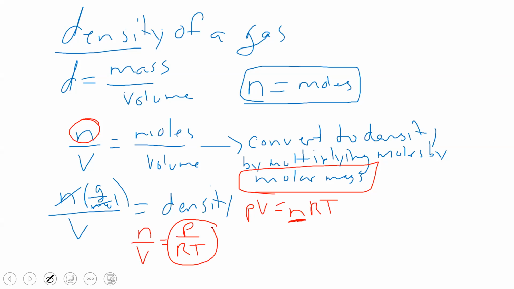And so the larger the molar mass, the greater the density, assuming the same pressure and temperature. So molar mass is proportional to the density of the gas.